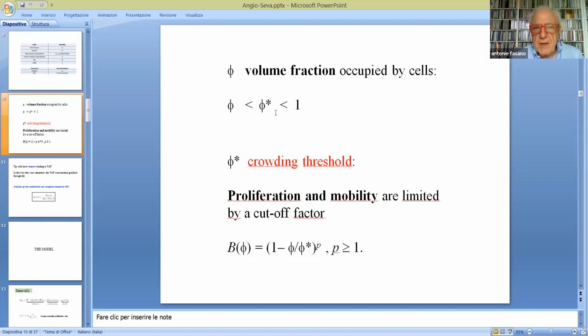Of course, if the volume is already occupied by many cells, I cannot put more cells there. So all proliferation and mobility terms in the model will be limited by a cutoff factor of this kind, with p, say, equal to 1. So B of phi is a limiting factor both for proliferation and for mobility.